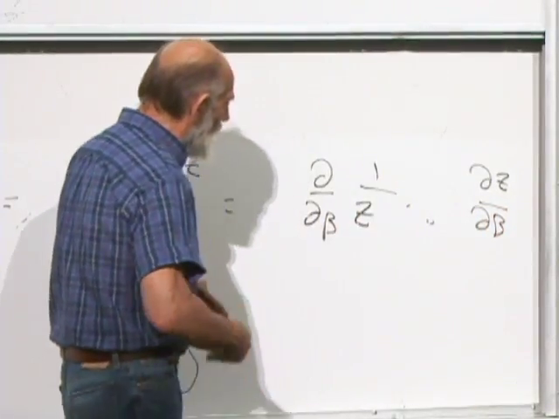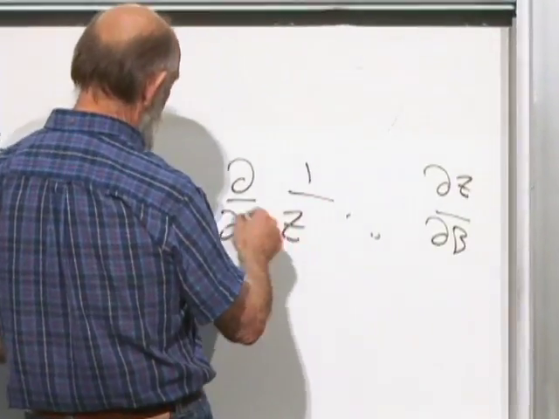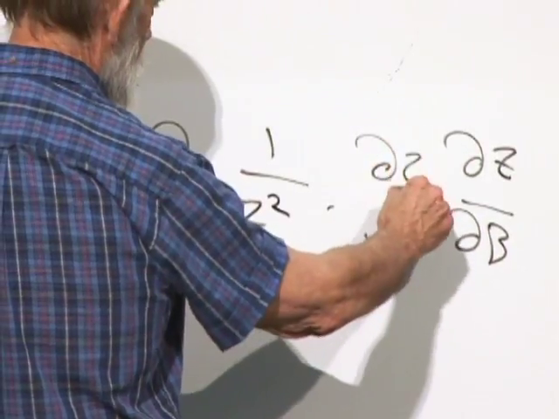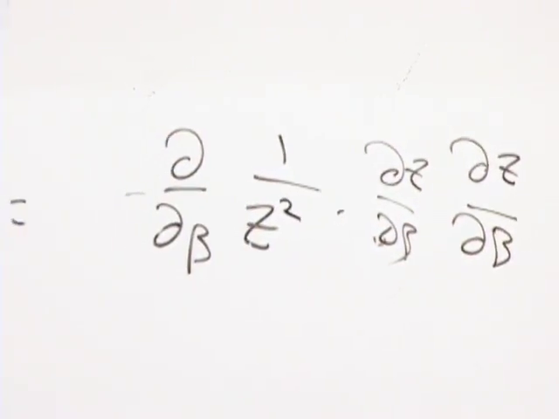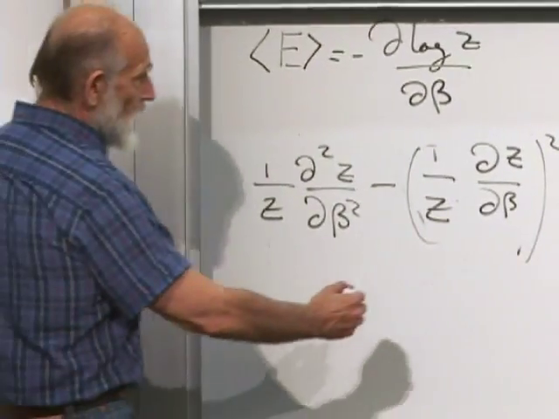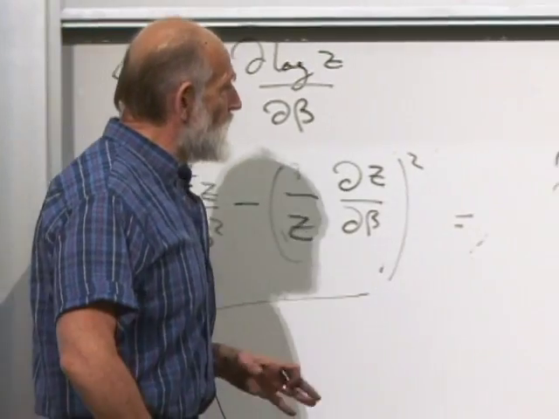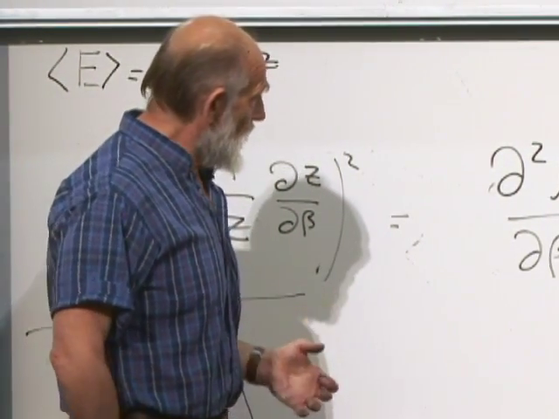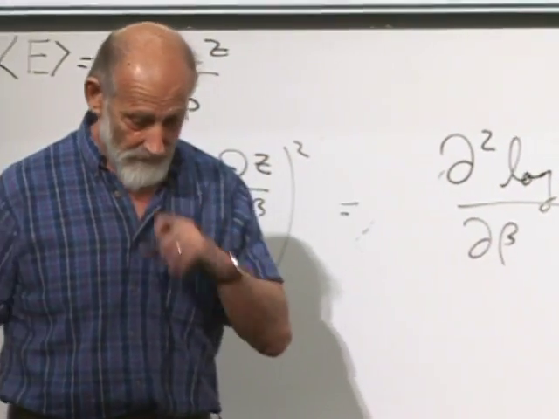When I differentiate 1 over Z with respect to beta, I get minus 1 over Z squared, another dZ by d beta. And so that gives me this term here. So here's what I found: the variance is just the second derivative of log Z with respect to beta.